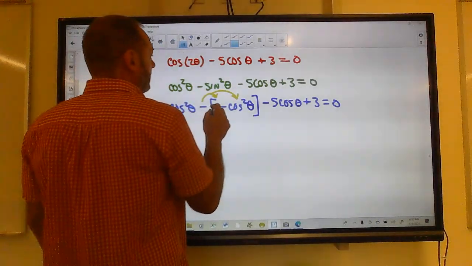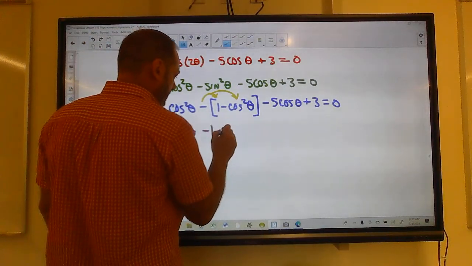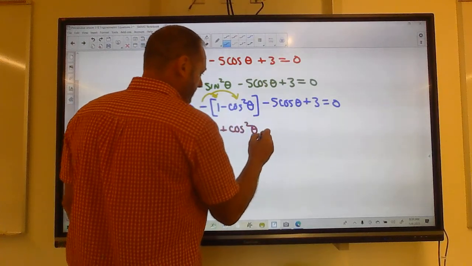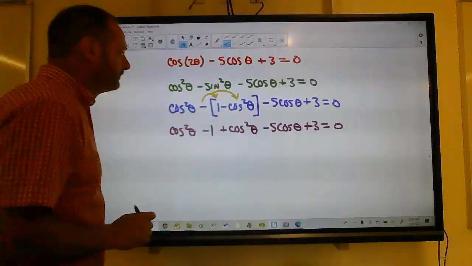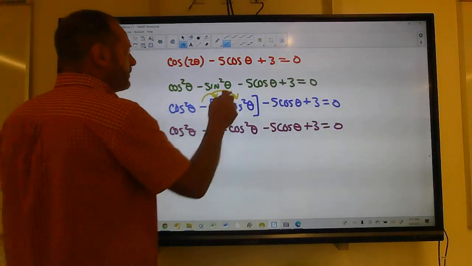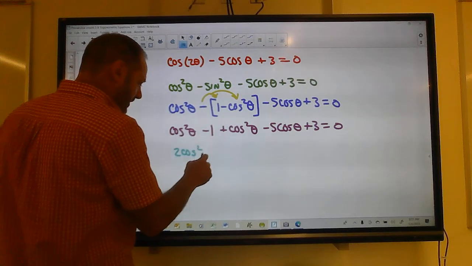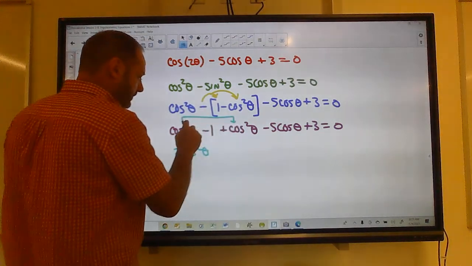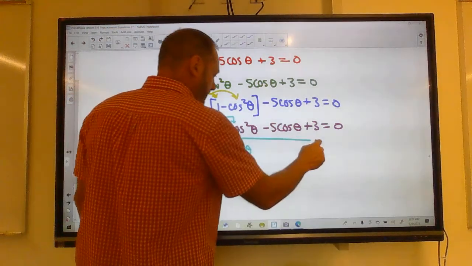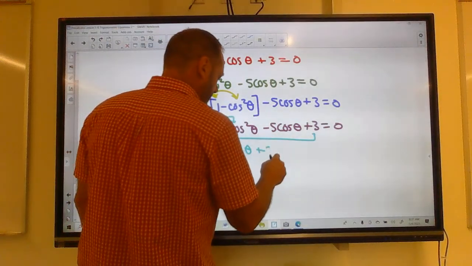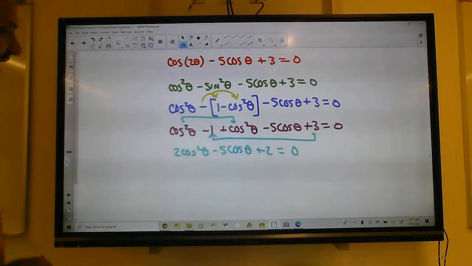I'll distribute the minus sign here. So I get cosine squared theta minus 1 plus cosine squared theta minus 5 cosine theta plus 3 equals 0. And combine my like terms, so I got 2 cosine squared thetas by combining those two. Minus 5 cosine theta, and then I can combine those two things, and I get plus 2 equals 0. And now it's time to factor this.